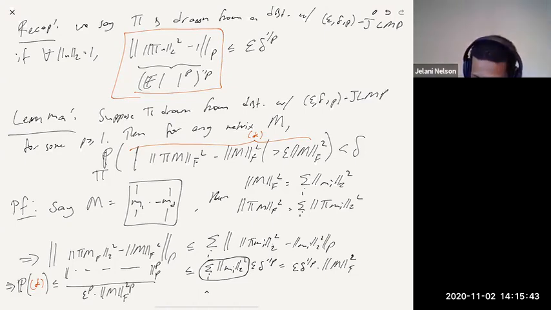And that thing is at most delta. So if you have the JL moment property, then not only do you preserve the norms of vectors, but you also preserve the norms of matrices under Frobenius norm for free. It's just a consequence of the triangle inequality.